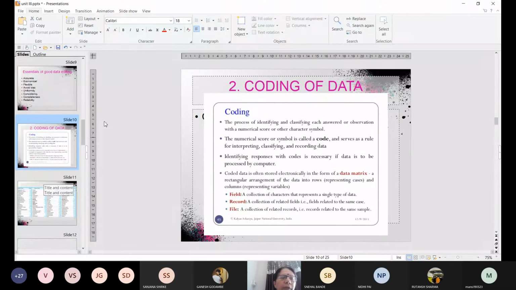Now all of you are very familiar with the word coding. We all have different codes for different things. For example, if I want to refer to a student of your class, suppose I want to refer to say Nidhi Pai of your class, right? So I will say SYA NP, instead of saying second year Bachelor of Management Studies or BMS and then Nidhi Pai.